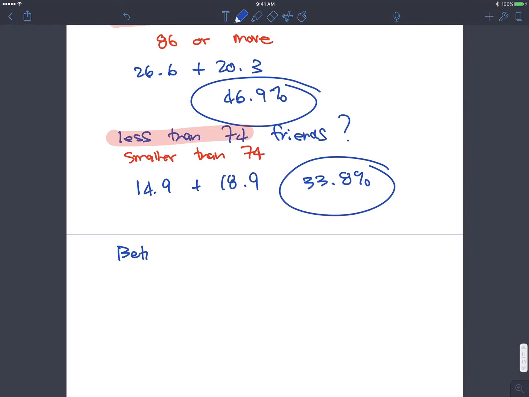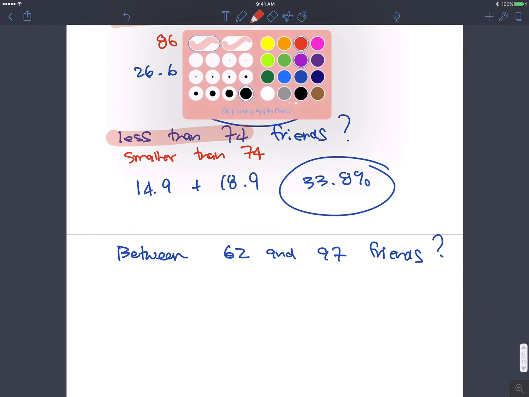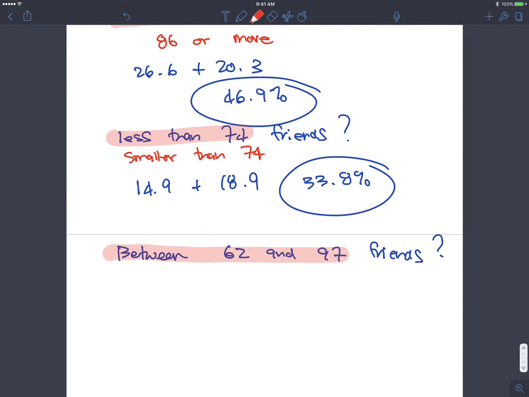And then finally, between 62 and 97 friends on Facebook, inclusive. Remember, the key is always to know the meaning of these phrases. Inclusive means include 62 and 97.